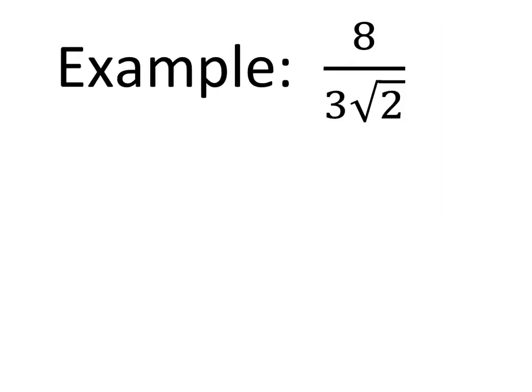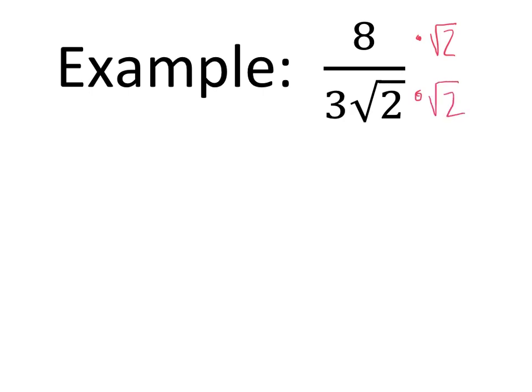Okay, last but not least, our last example says 8 divided by 3 radical 2. One thing that I notice in this example is that the denominator says 3 radical 2. Now, to simplify this fraction, I only have to get rid of my radical. So I'm just going to multiply the top and the bottom by the radical 2, and I'll show you what happens.